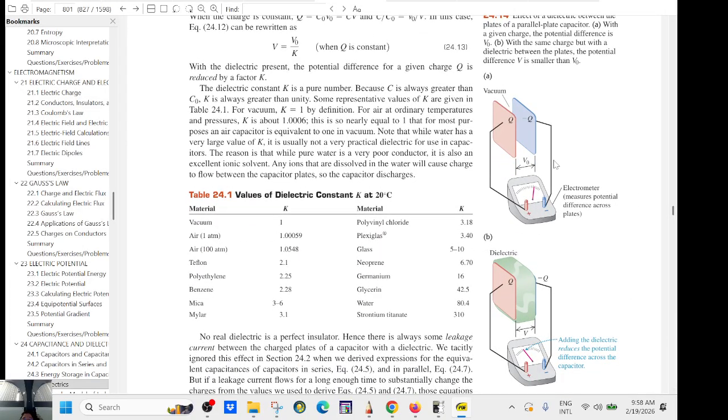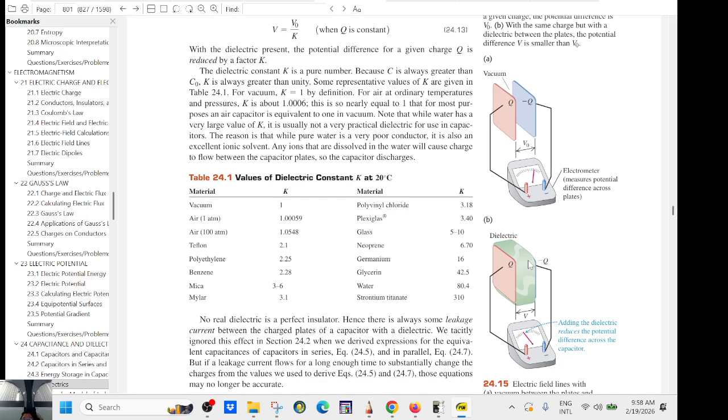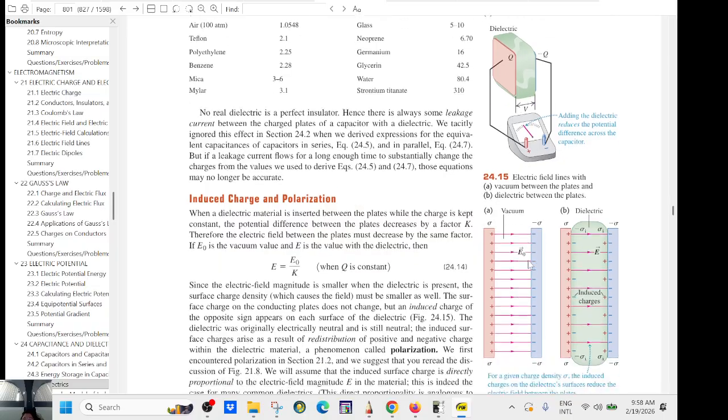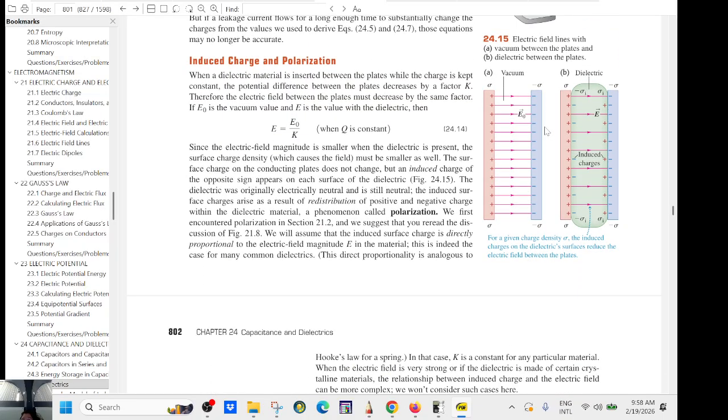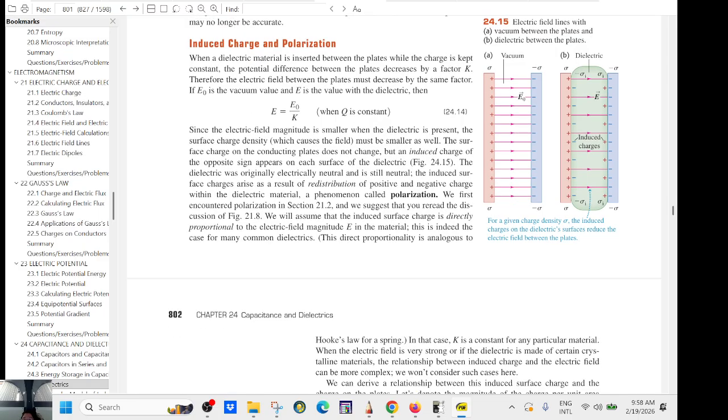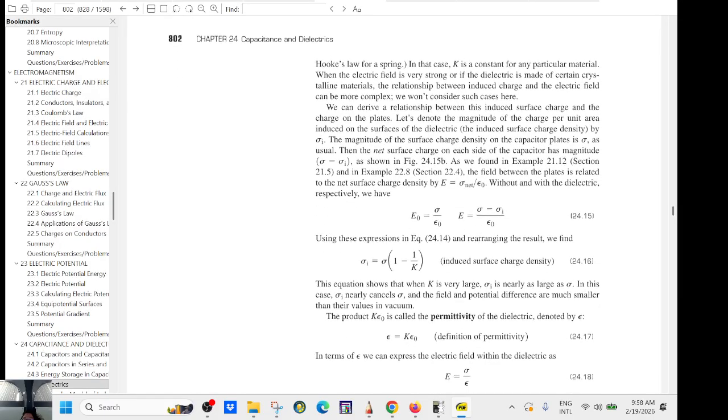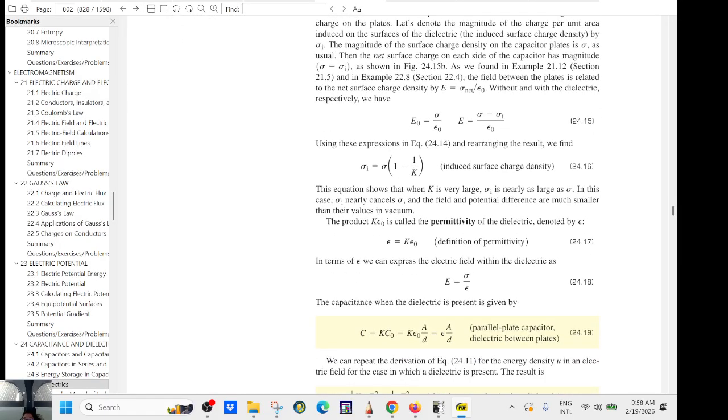Okay, so the capacitance will be boosted with a dielectric, and that's what I told you. The electric field gets weaker because of the polarization, but we already talked about that. But at the end, the capacitance will be boosted by a factor K. So instead of having just epsilon 0 times the area over the distance between the plates, it's going to be boosted by a constant K, the dielectric constant.